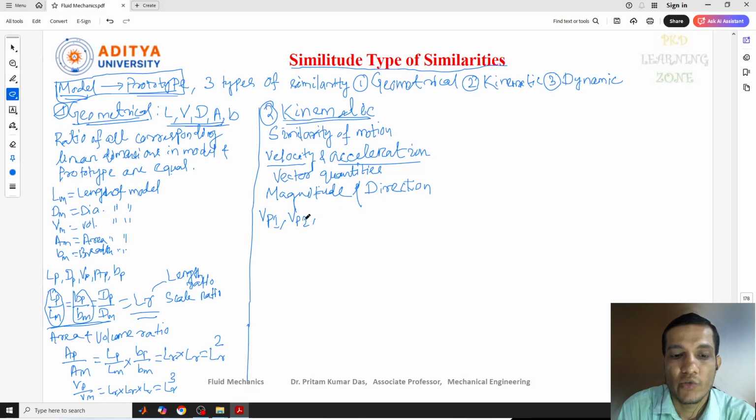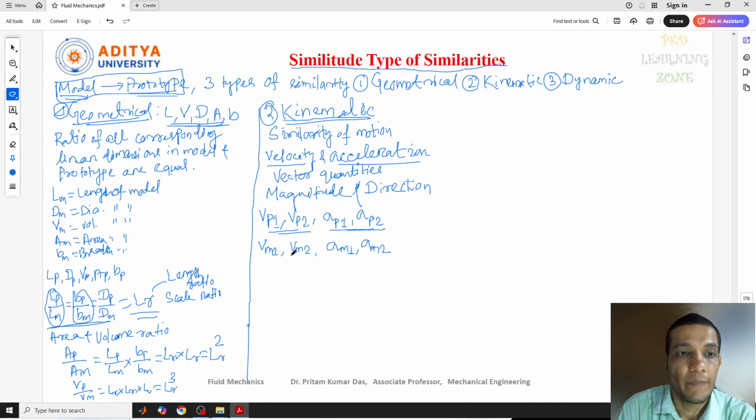Similarly, acceleration of the prototype at point 1 and acceleration of the prototype at point number 2. This is about any point in the prototype. Correspondingly, we can consider velocity of the model at point number 1 and point number 2, and acceleration of the model at point number 1 and point number 2.